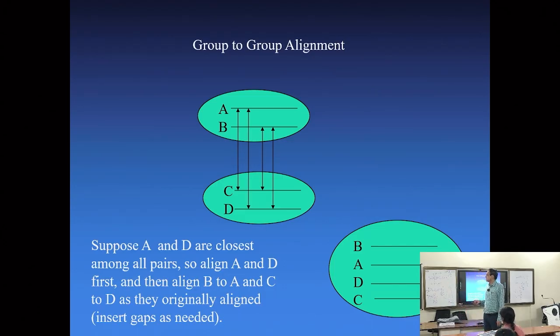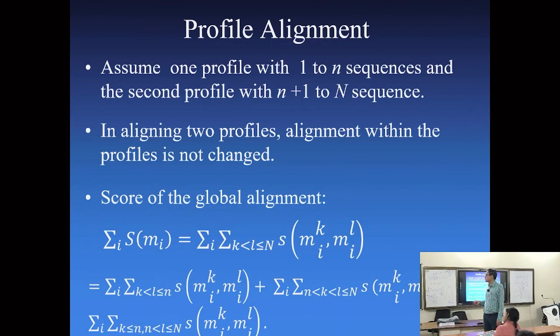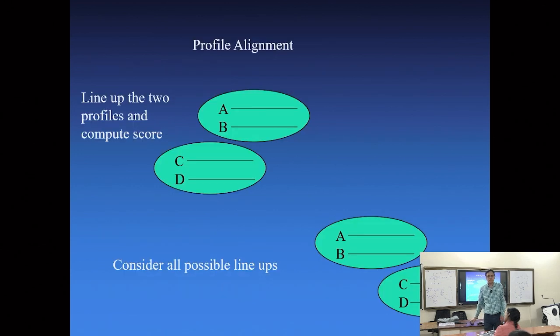So the approach is that if you have groups of alignments that you want to align against each other, you would want to consider the approach that we already discussed. Pairwise alignment is very clear, right?